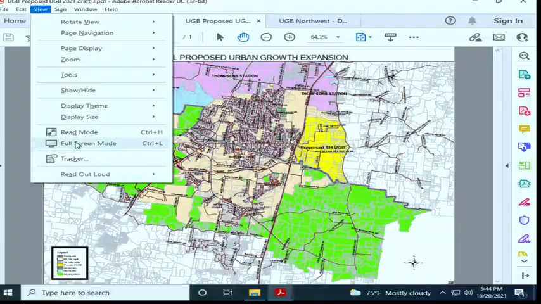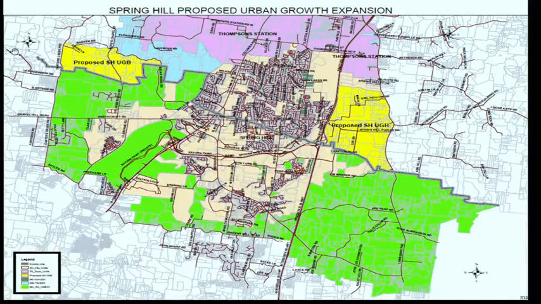So with that being said, just to do a quick recap, the city of Spring Hill is looking to expand our urban growth boundary within Williamson County on the northeastern and northwesternmost borders for a total of 7 square miles.